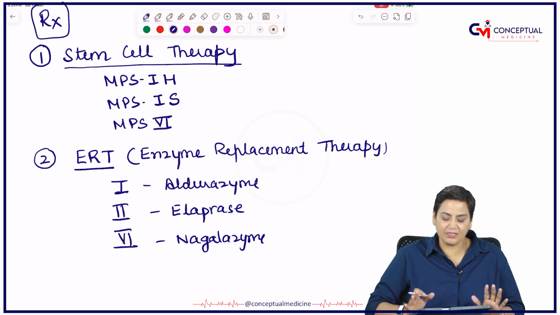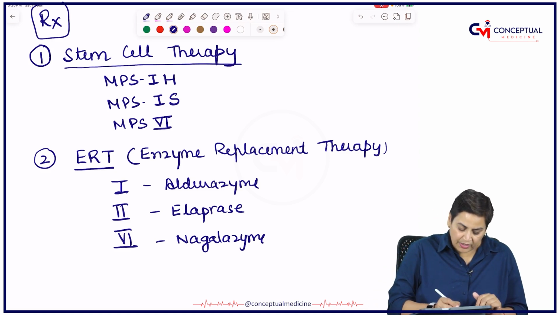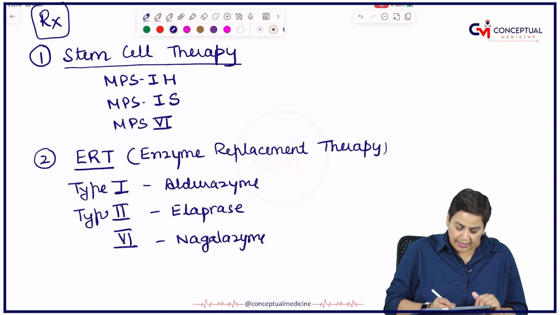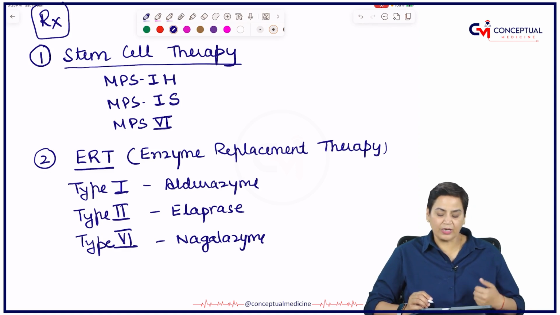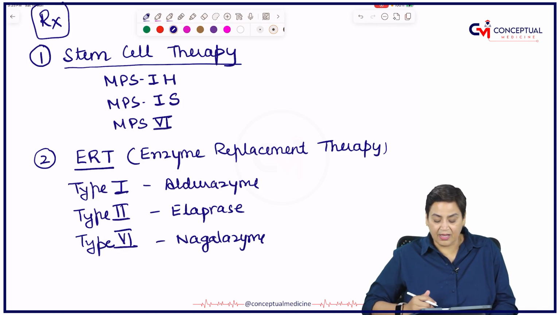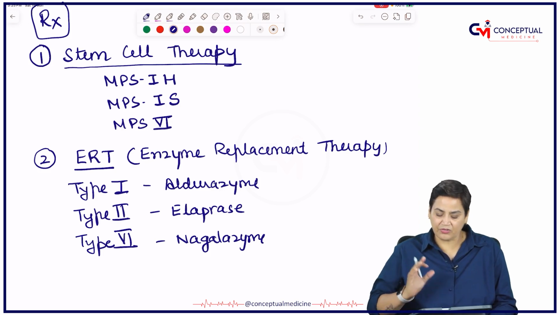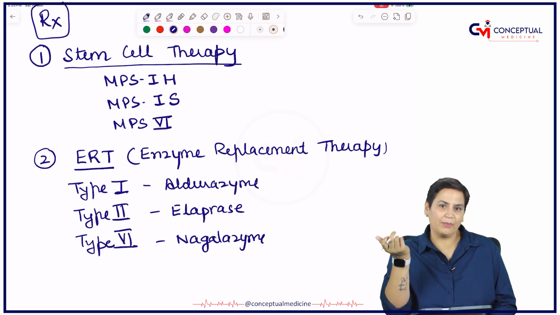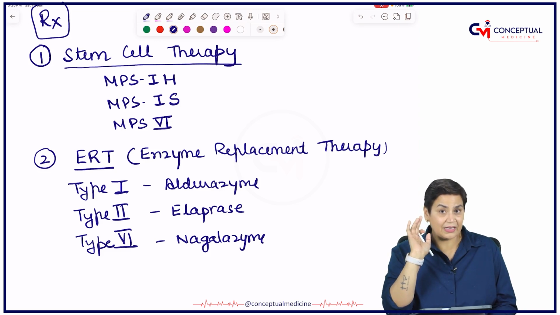Stem cell therapy is for MPS 1H, MPS 1S and MPS 6, and enzyme replacement is for type 1, type 2 and type 6. Nowadays recombinant DNA technology is also rising and is also used for treatment, because what we can do is recombine DNA.